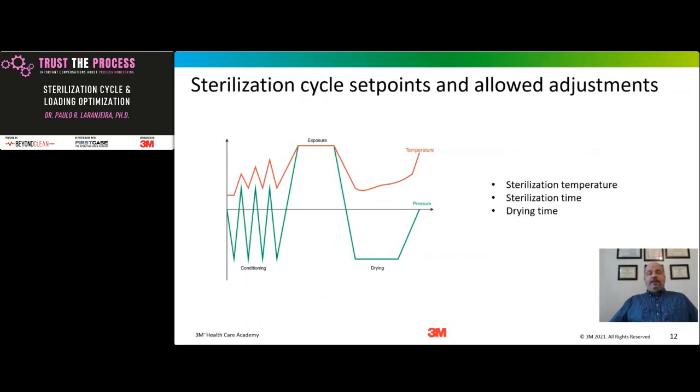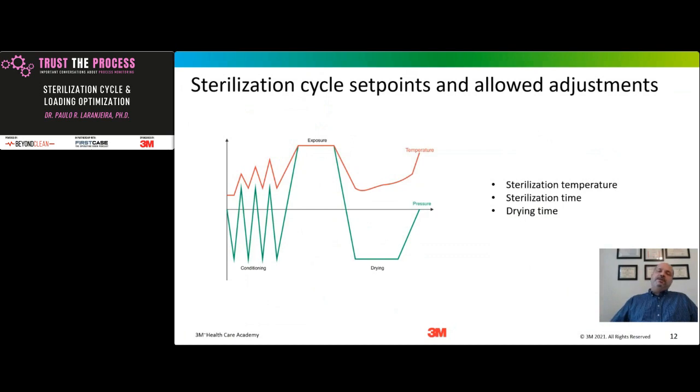Looking at what should be a normal peak performance of a regular sterilizer, let's look into an empty chamber, because with an empty chamber, I remove the variables metallic and non-metallic from the cycle. I would say that we will have, for the conditioning phase, an average duration of 28 minutes.